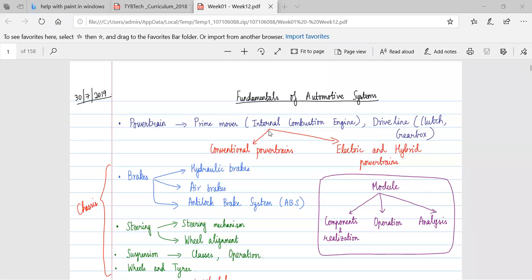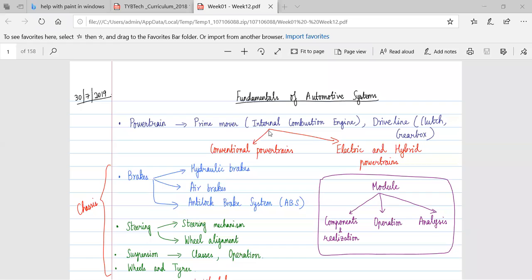Before we start with the electrical system used to control the automotive system, we should know what the automotive system is and how it is driven. There are many processes that happen inside the automotive system, and those are divided into sections.